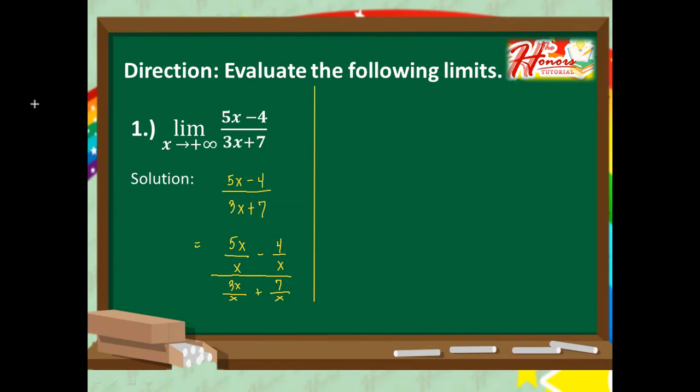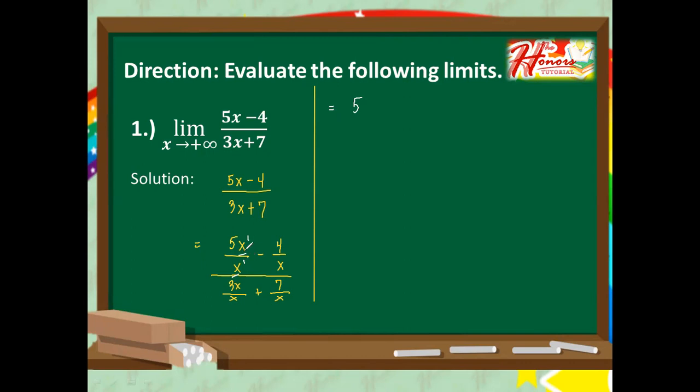Five x divided by x is 5. Why is it 5? It is because when dividing, look at this variable or literal coefficient here. We have to subtract the exponents of the variable or the letter here. So 1 minus 1 is 0.